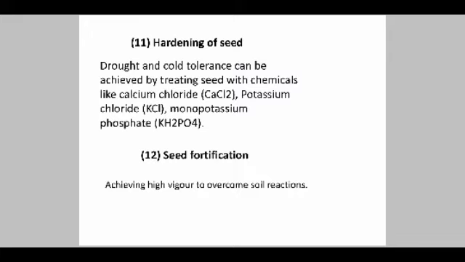Next is seed fortification. In this technique, high vigor is achieved to overcome the soil reaction. So these are all the 12 treatments which are given to the seed for better germination, so it leads to a good planting effect.